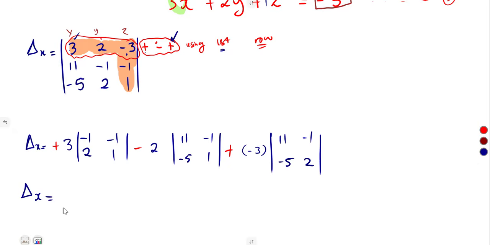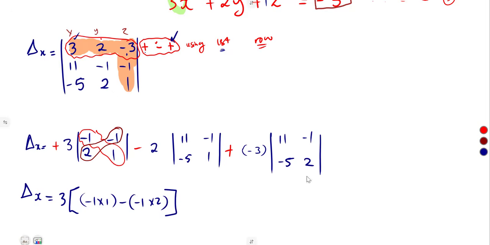All right, so that's plus 3. Determine our determinant. This is the major diagonal, minus 1 times 1, minus the minor diagonal, minus 1 and 2. All right, like this. So you've got the determinant there. Minus 2.